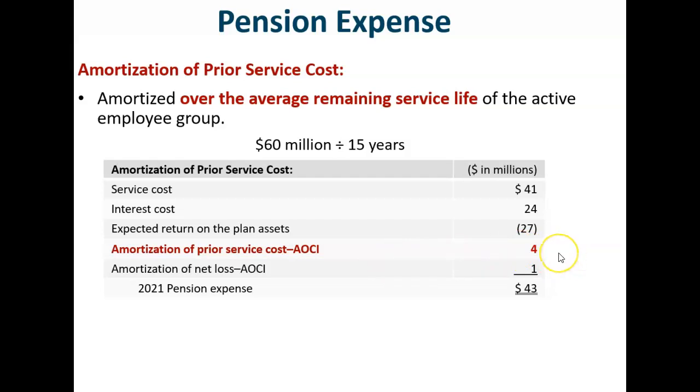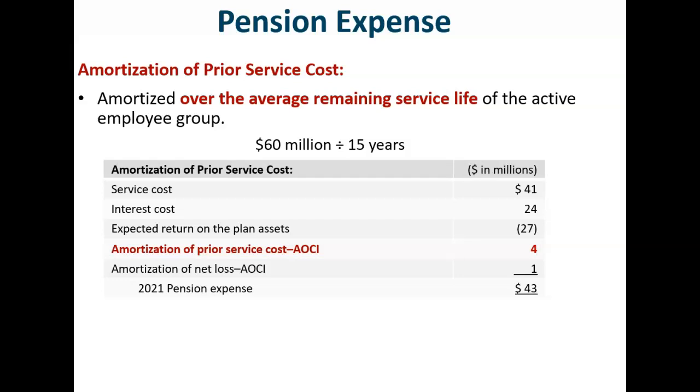Be sure to note that even though we're amortizing it, the prior service cost is not an asset, but instead it is a part of accumulated other comprehensive income, also known as AOCI, which is a shareholder's equity account. This is a result of the FASB's disinclination to treat the cost as an expense as it is incurred.